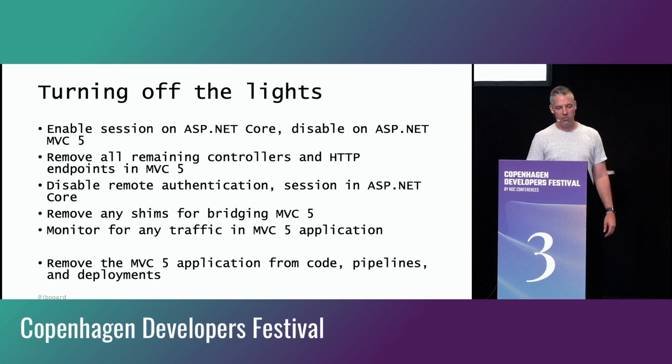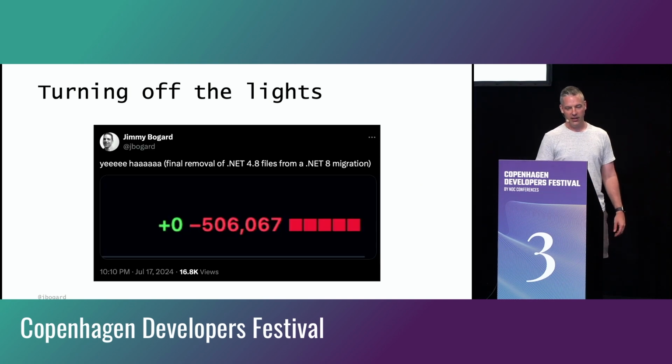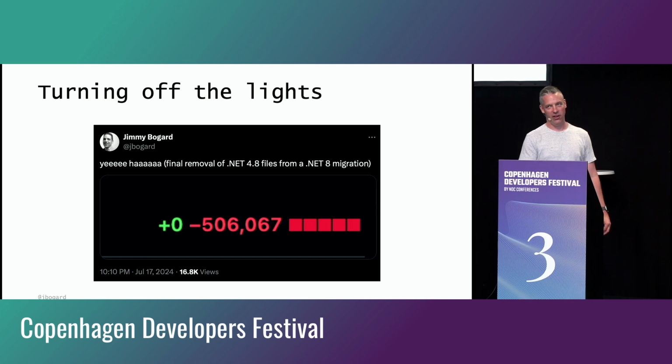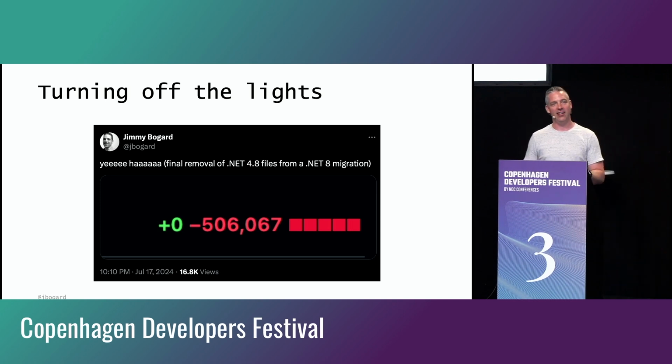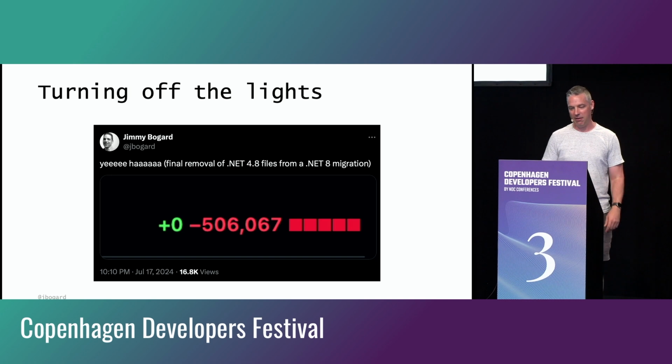And then finally, remove the MVC5 application from code, pipelines, and deployments. This is like the best feeling we had, a massive deletion of code of the existing .NET 4.8 app. This is an actual pull request from an application we were migrating where it had 500,000 lines of deleted code from the existing MVC5 application.